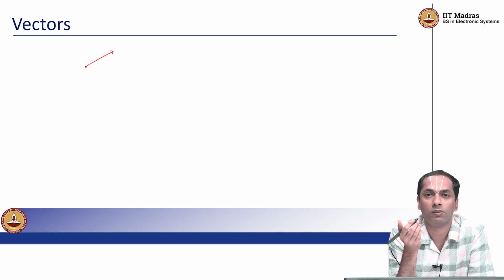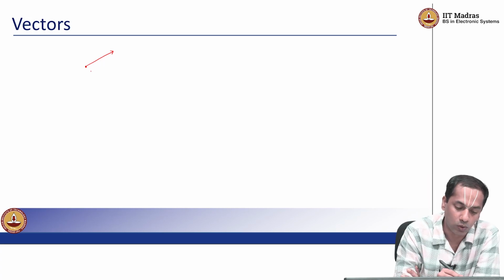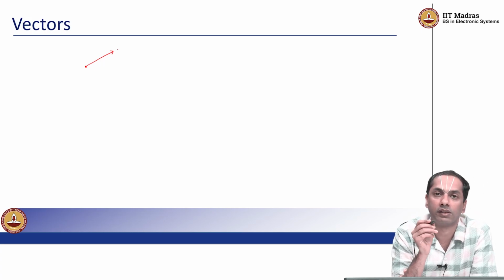Not a physical arrow, but you have to picture that you can associate this vector with an arrow where it has both magnitude, which is represented by the length of the arrow, and a direction in which it is pointing towards.